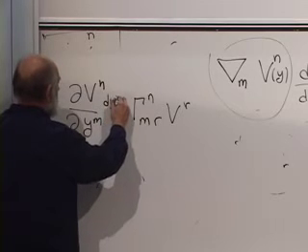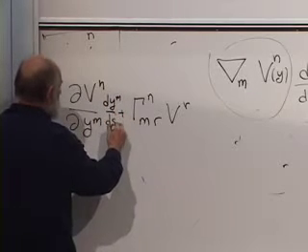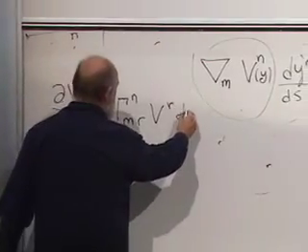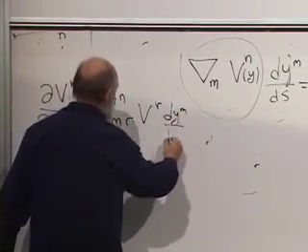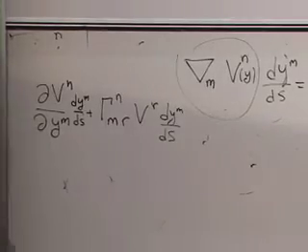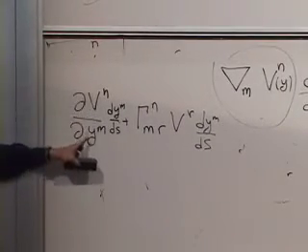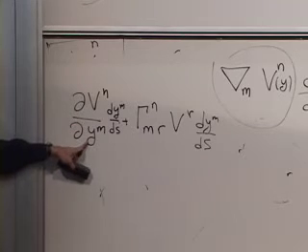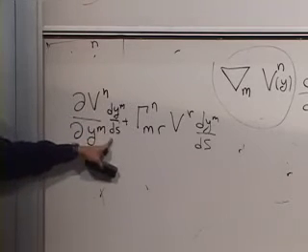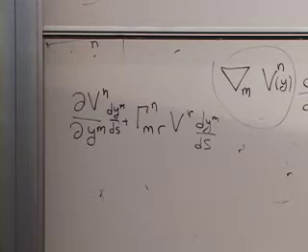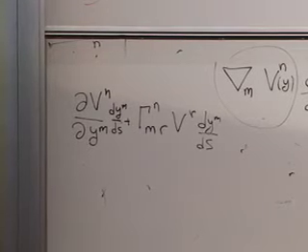So let's multiply it here by the tangent vector, dy^m by ds. What is this thing over here? The derivative of the nth component with respect to y, times dy by ds. Chain rule, right?